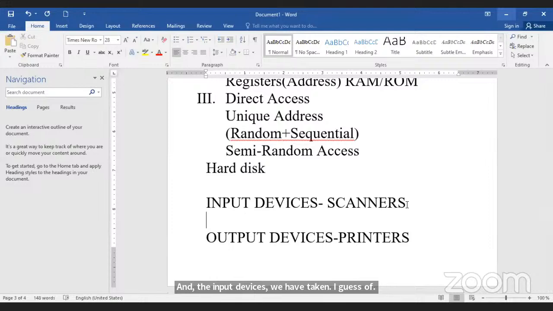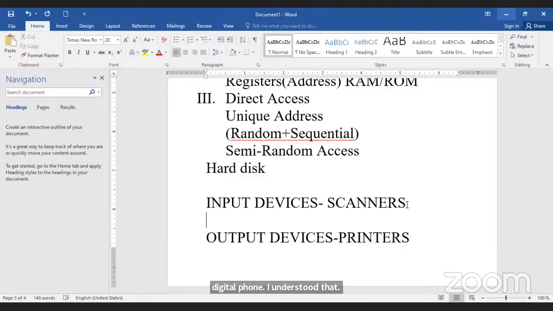A scanner is a device that can be used to scan and capture data into the computer system. Some scanners convert optical images into digital form and store the data in a file.